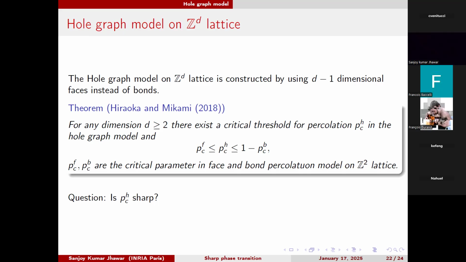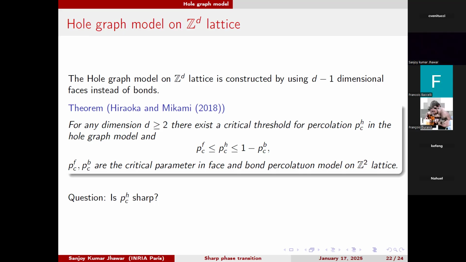In dimension d, this critical value p_c is lower bounded by the critical value for the site percolation model, and upper bounded by one minus the critical value for the bond percolation model on the Z^d lattice. So this result gives us the non-trivial phase transition for this hole graph model.